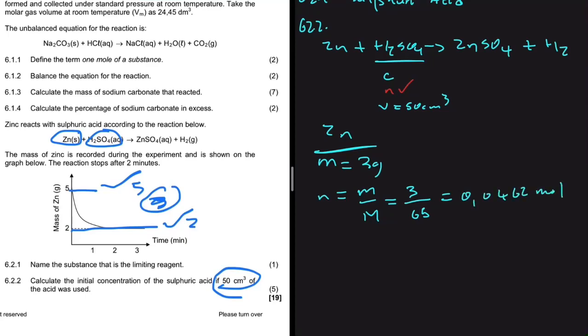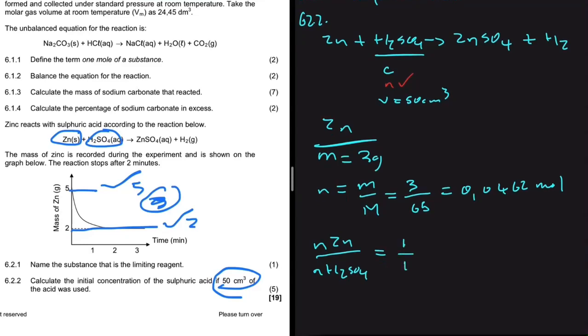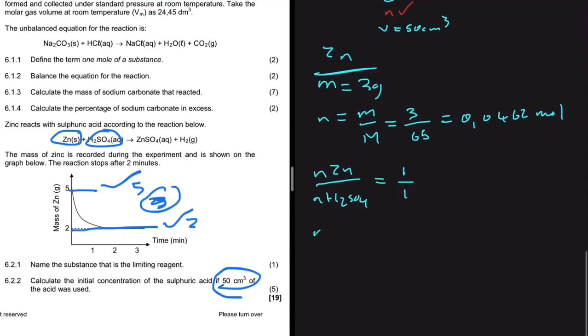Again, the mole ratio: the number of moles of Zn divided by the number of moles of H2SO4 should be equal to the ratio of the balancing coefficients. So we have 1 divided by 1. So the number of moles of H2SO4 is equal to the number of moles of zinc, which is 0.0462.